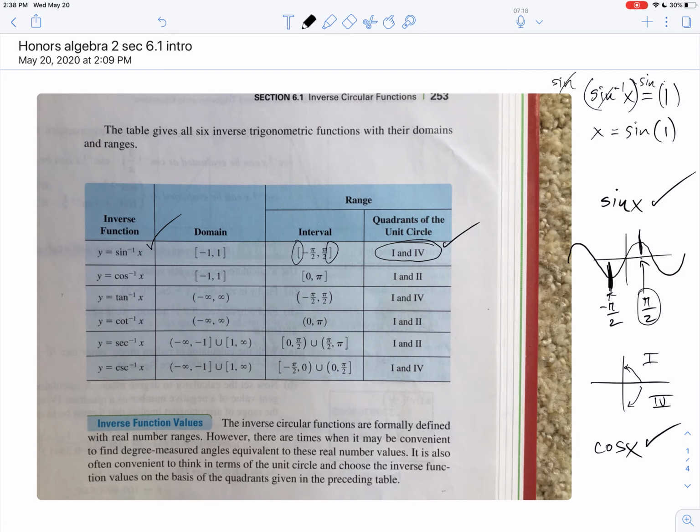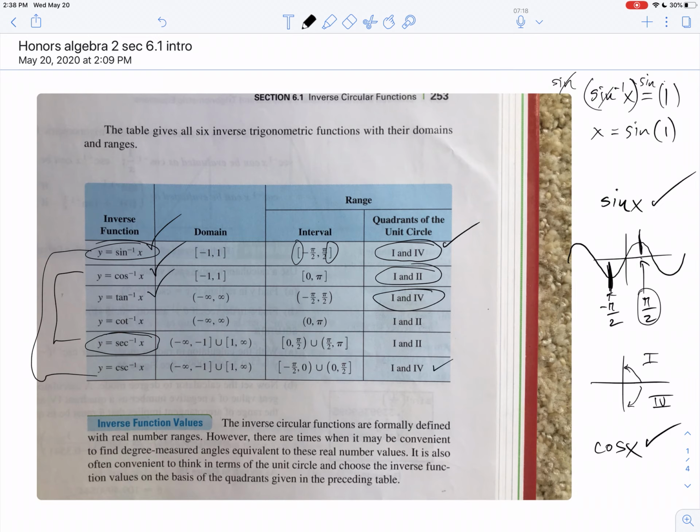When they give me a question about cosine, our answers are always going to be in quadrant 1 and 2. When they ask me a tangent question, 1 and 4. Then, take a look at this. Secant goes with cosine, so it's 1 and 2. Cosecant goes with sine, so it's 1 and 4, just like sine.